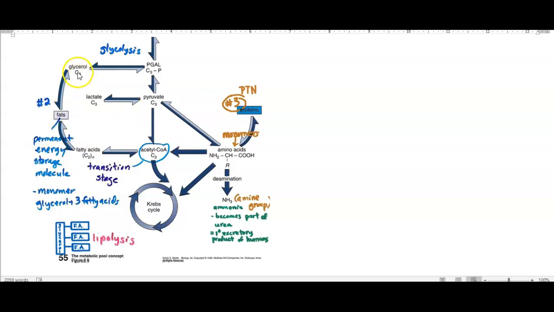We just looked at glycerol here, and fatty acids. Remember, fats are permanent energy stores. They're stored without water, so they're very concentrated. There's the proteins. Actually, of the proteins that we take in, only about 10 to 15% of all the ATP we make is from the proteins.